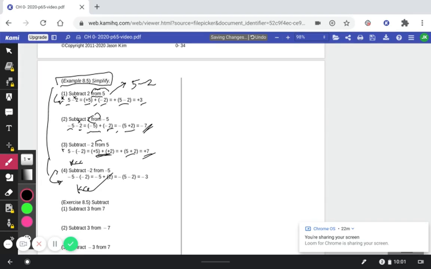You have different sign. So what do you do? Whenever you have different sign, you subtract them. You subtract 5 minus 2, which is 3, and the bigger number has negative, so you end up with -3. Okay. So anybody have any questions?